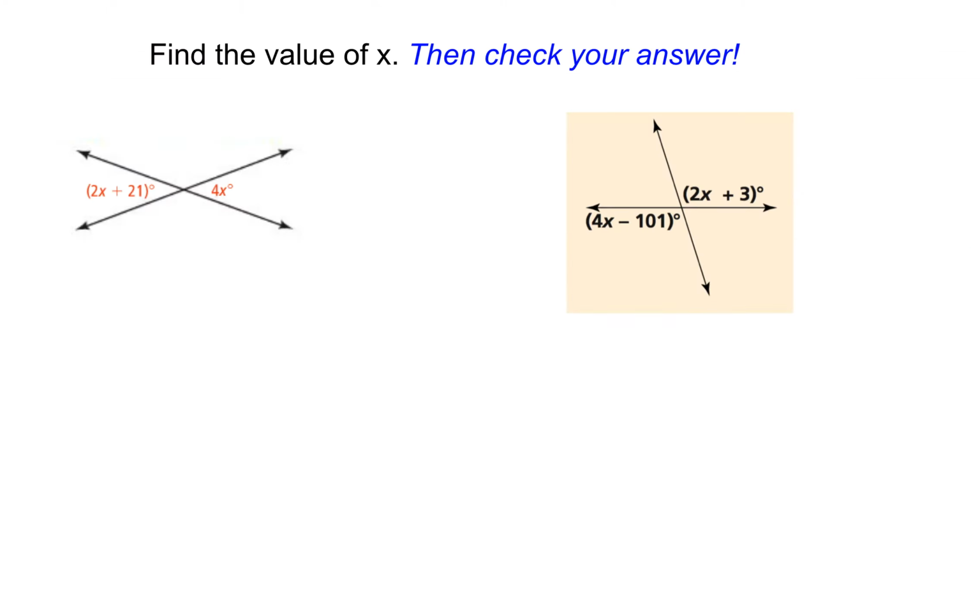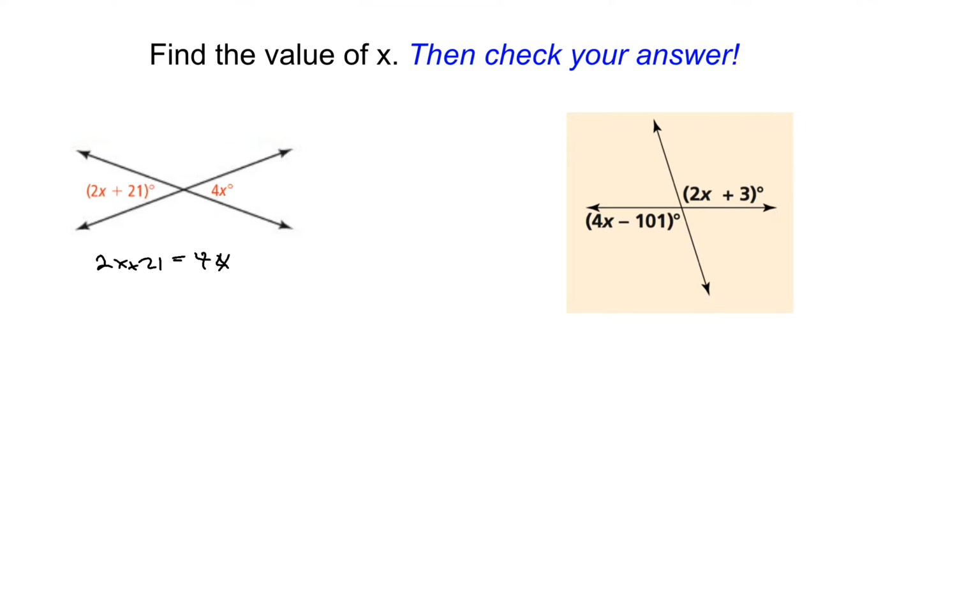Okay, let's take an application of this theorem. It says find x, then check your answers. We always want to check our answers. These vertical angles should be equal to each other, so let's set them equal. I've got 2x plus 21 is equal to 4x.